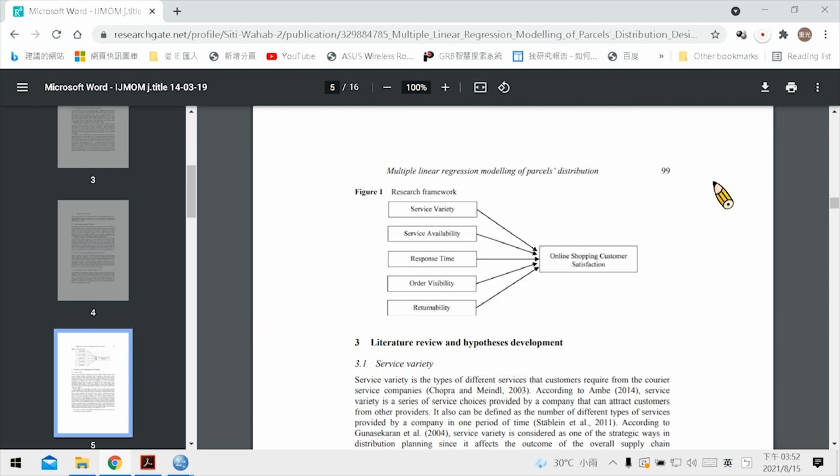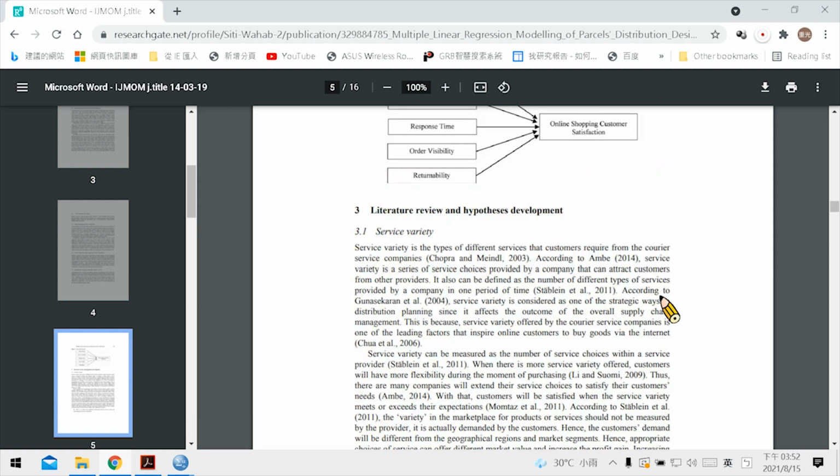So you can see the analysis. We have the research framework. This is the dependent variable, and he has the 5 independent variables. This is the 5 constructs.